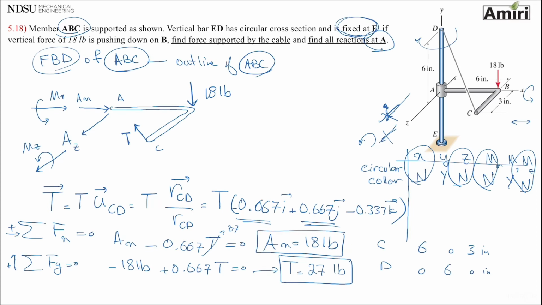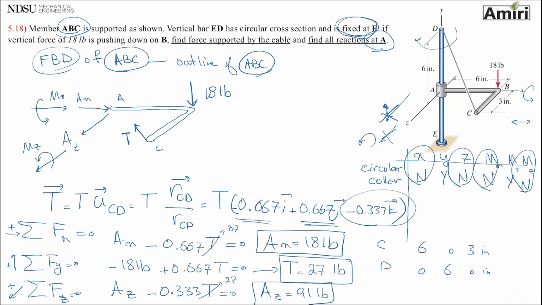The last equation, let's just use it. Sigma Fz equals 0. Anything that points this way is positive. So I get AZ. The only other force that I see is the Z component of the tension, 0.333T equals 0. This I already found to be 27 pounds. Therefore, A sub Z will be 9 pounds for me.